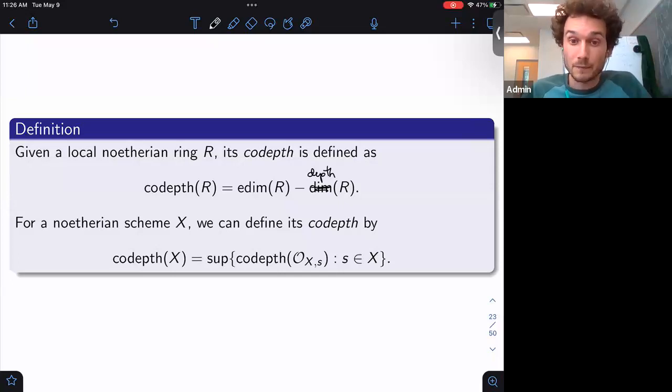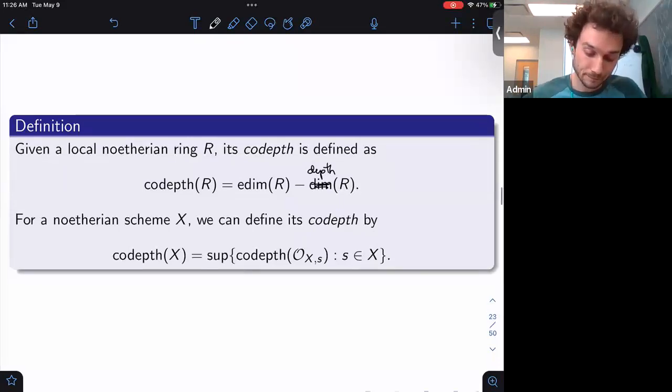Given a noetherian scheme, we define its codepth to be the supremum of codepths on its stalks. Now, it's not clear that the codepth is always finite, and it's not clear that this value will be finite in all cases that we would ever care about with this F-finiteness. So the codepth is just the embedding dimension minus the depth when you're local, and if I'm a noetherian scheme, it's the supremum of the codepth on all the stalks.